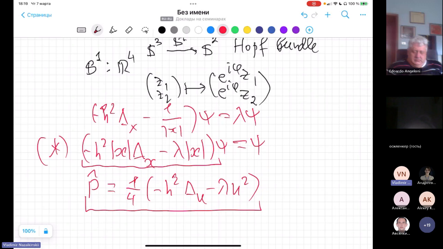This substitution was also invented long ago in classical mechanics by Kustaanheimo and Stiefel, as early as 1964. There were many papers about this.